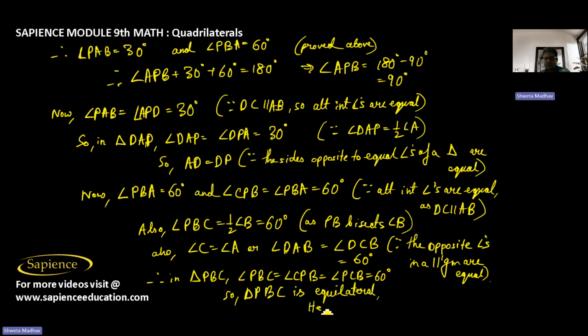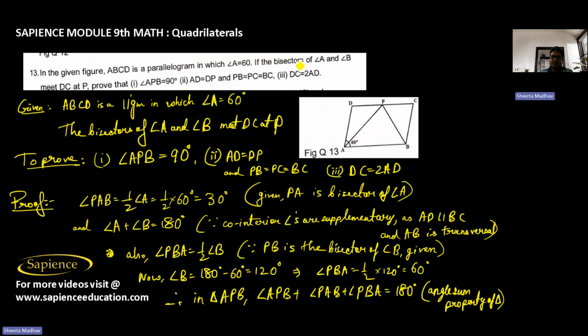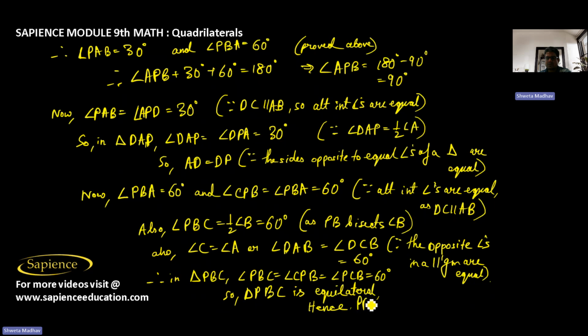And hence all the sides are equal, PB equals PC equals BC.